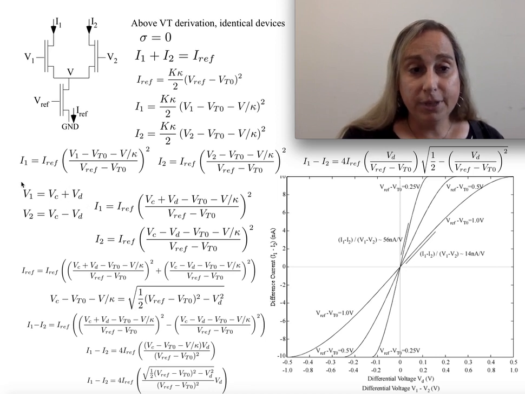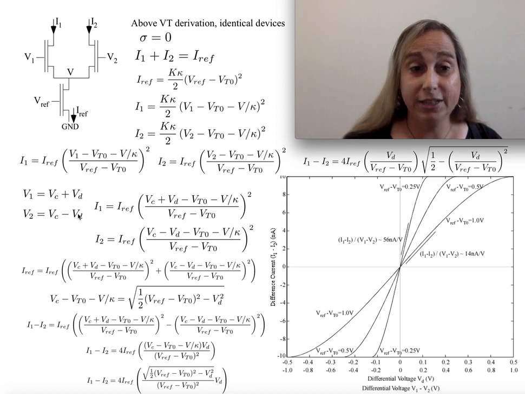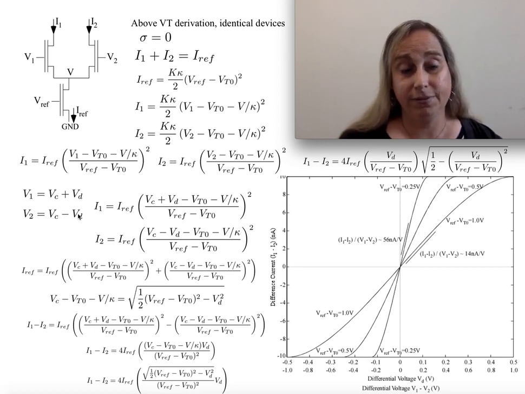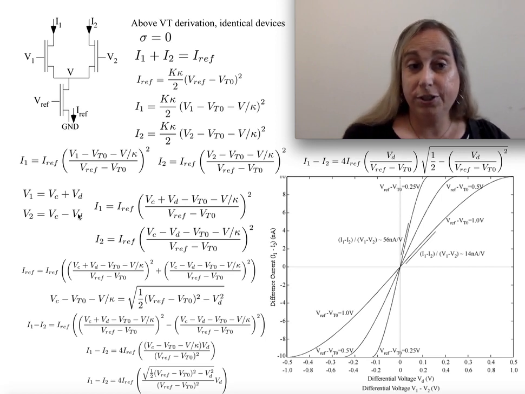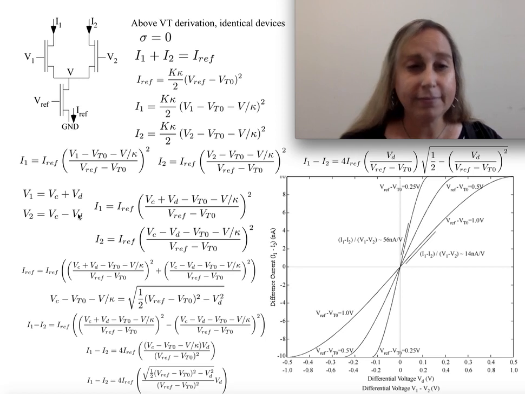The other thing I want to do is get my definitions of the inputs: what is common between the inputs and what is differential between the inputs. In this case, the difference is going to be half of the difference between V1 and V2, and the common is going to be the average of those two. Very typical definitions, but that's where we're going to begin.